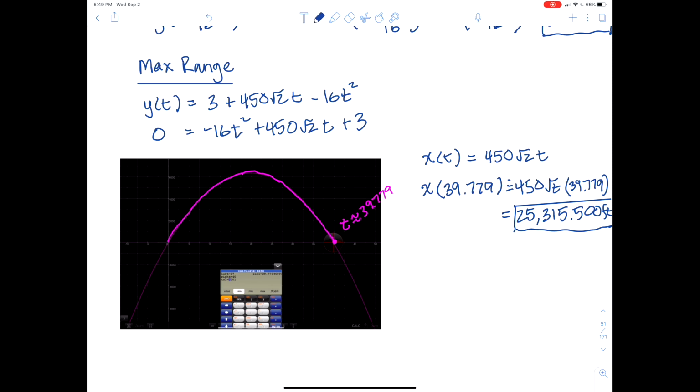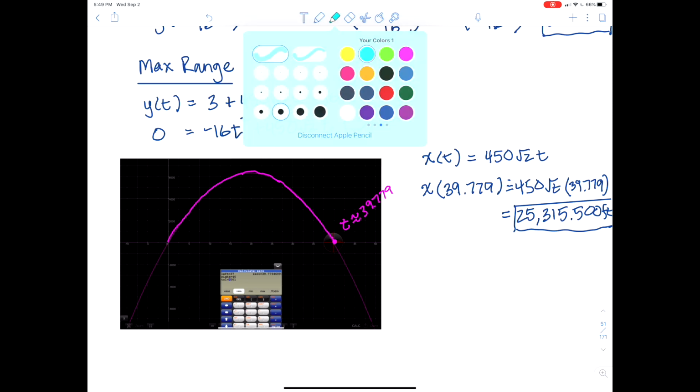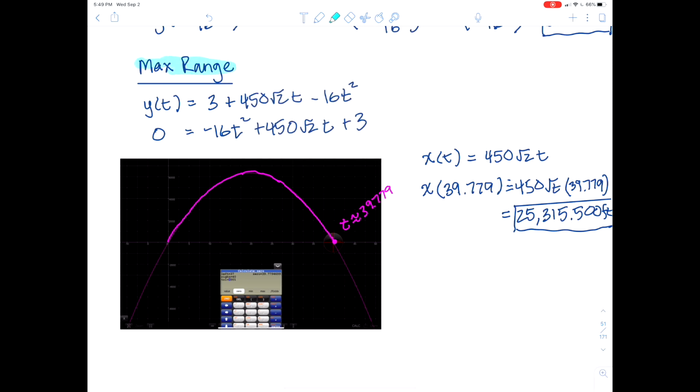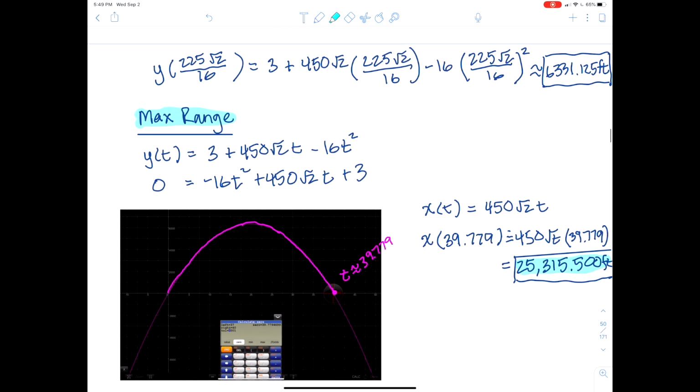Cool? So let me make sure. So max range was this, okay? We had to find the t where that happened, so we let y at t equal 0 to do that.